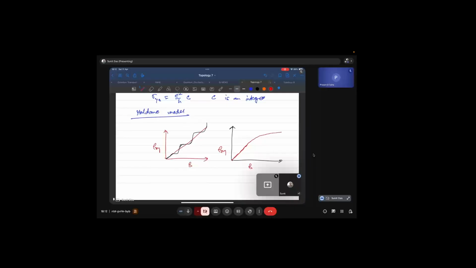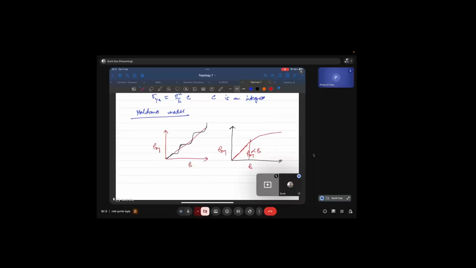It's not exactly saturating, not completely flat, but slowly it saturates, and this definitely doesn't scale with the magnetic field. So up to this part, you can think that rho xy is directly proportional to B, but this particular part is not really proportional to B.